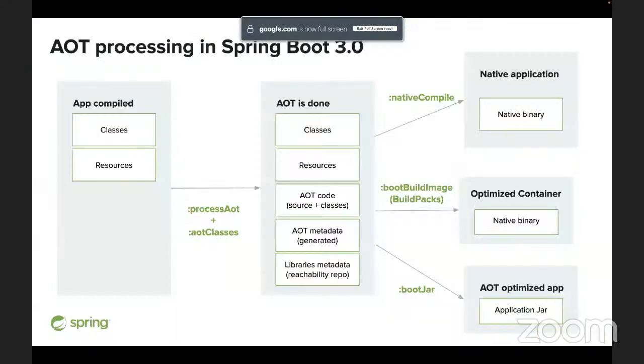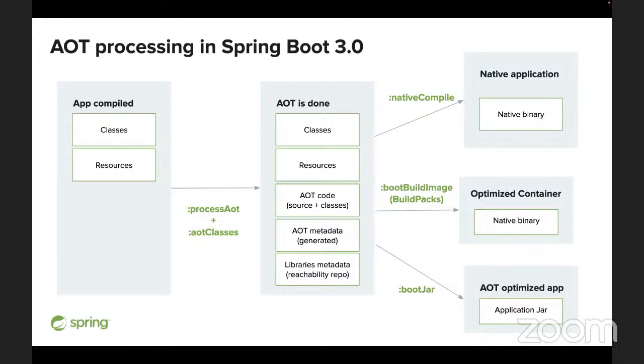All right. So this is really the core of what we do with this new AOT engine. On the left, you have your usual app. So it's been compiled. You have the classes for your code and the resources of your code, like properties and whatnot, everything that your app needs. And we take that, we start the application context in a certain way, where we get essentially the bean factory prepared, conditions evaluated.